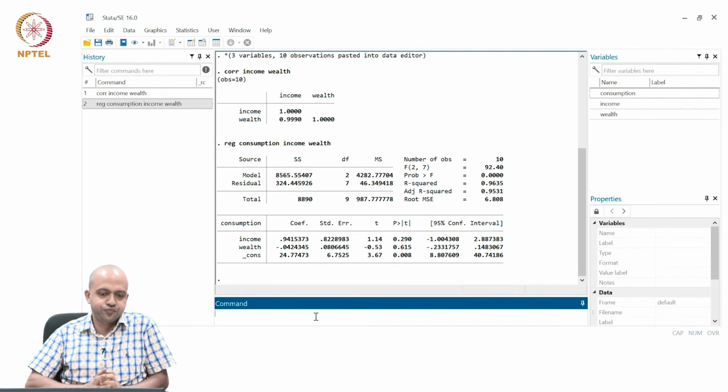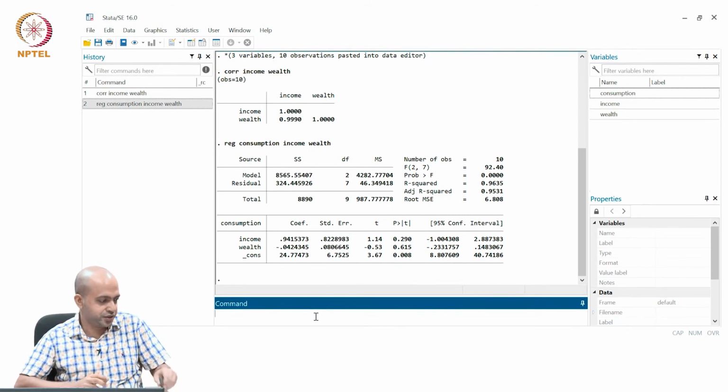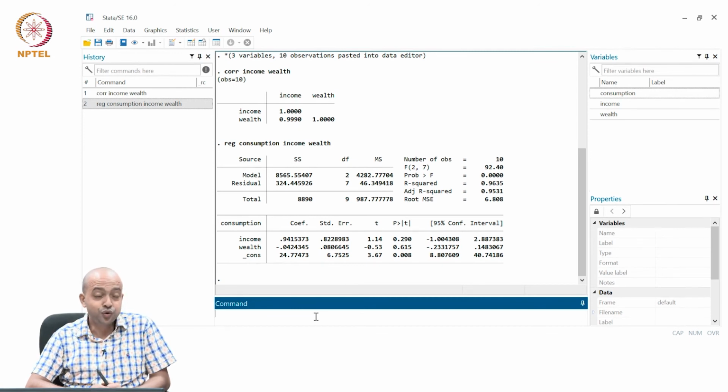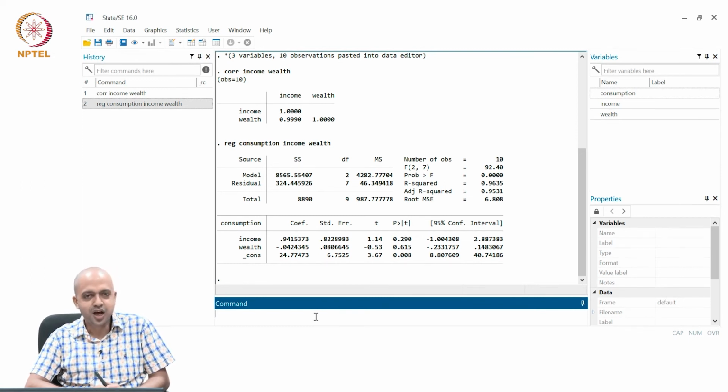Now, look at the consequences of multicollinearity as we discussed yesterday. Your income variable is insignificant. What is the p value? 0.290. If you multiply that by 100, that would become 29. So, I cannot say that the variable is significant.